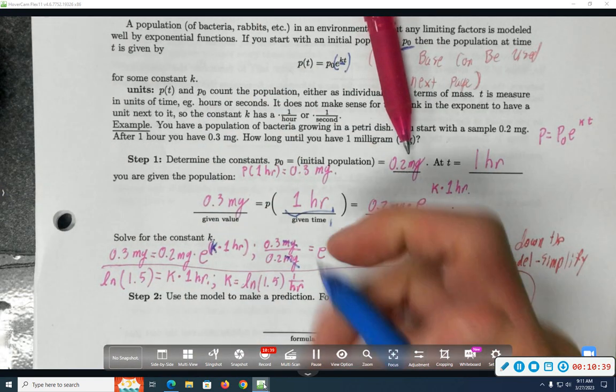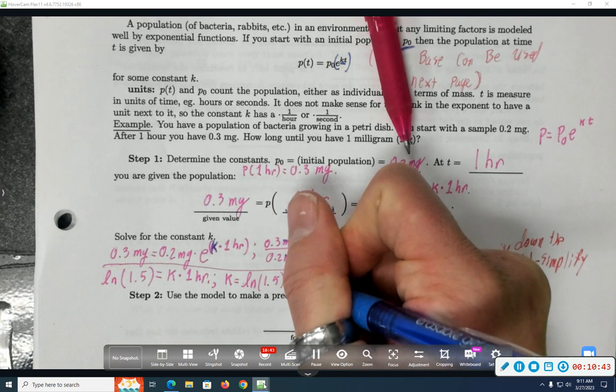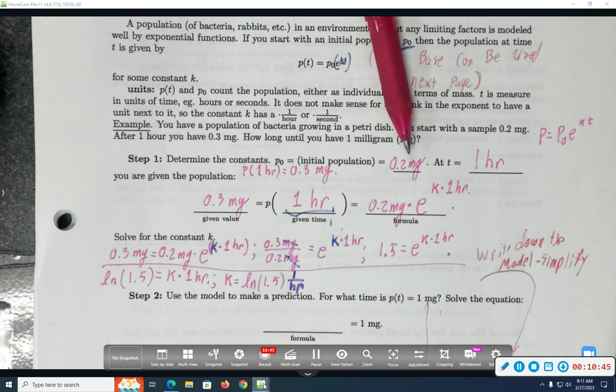And I included the units this time because I wanted to emphasize what the units will be on the constant K. The units will be something having to do with a reciprocal unit of time. Which makes sense. That K is like the growth rate. So it has to be something per time. All right, cool. That seems pretty okay.